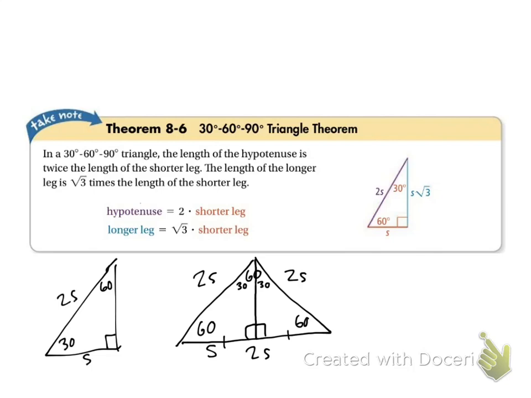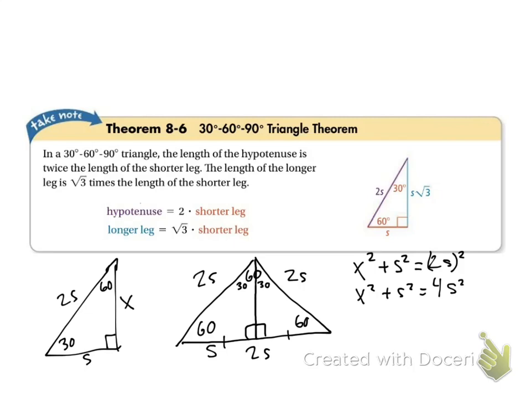This is a right triangle, which means I can use the Pythagorean Theorem. So let's call this side x. I've got x squared plus s squared equals 2s squared. So I get x squared plus s squared equals 4s squared.